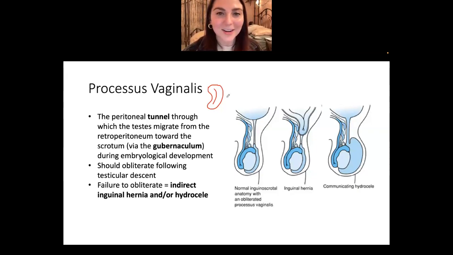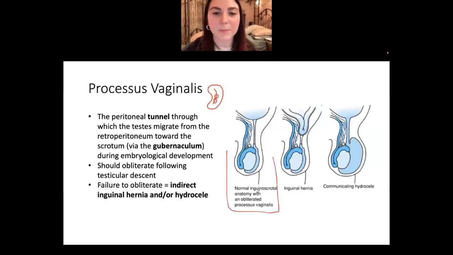As things start to go into place, we don't need the peritoneal cavity, which is the GI tract, to be connected anymore with where the testicles are going to be, which is the scrotal sac. So that little tract should obliterate.